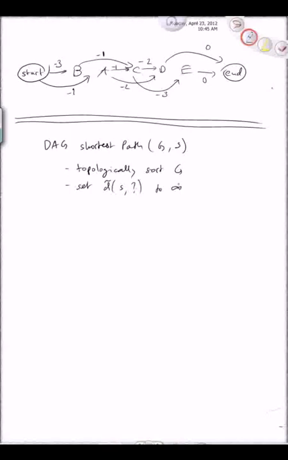So we're guessing that every node at the beginning is just infinity away from S. Then we're going to set the distance label from S to itself to 0 because we know that S is 0 away from itself. And the final thing that we're going to do initially is convert G so that predecessors is easy.